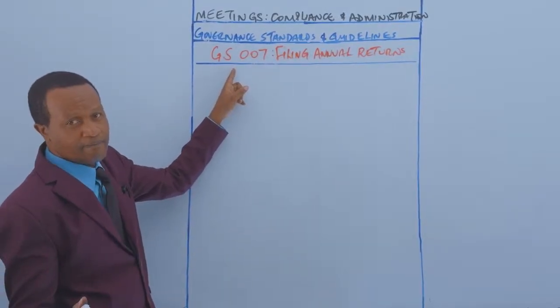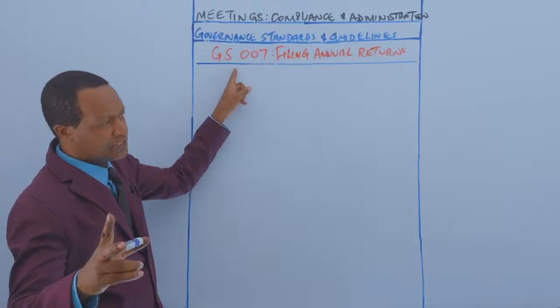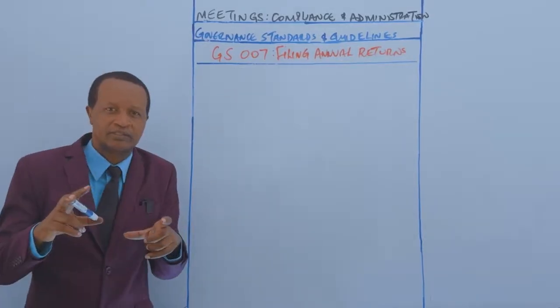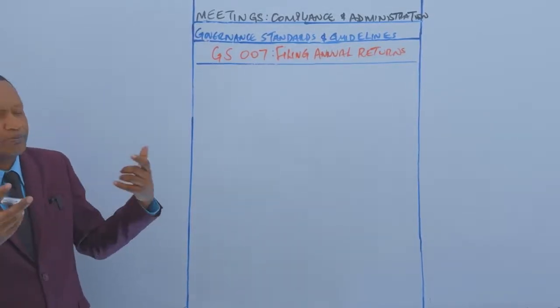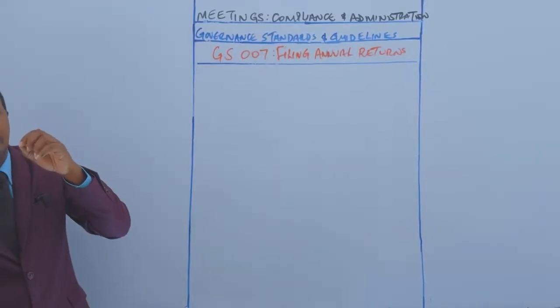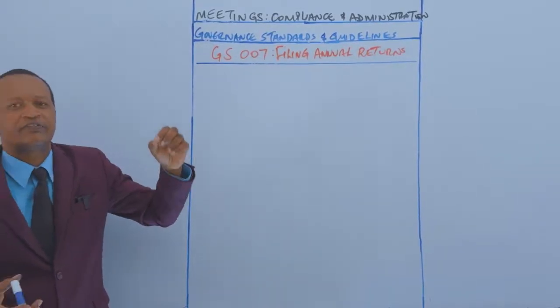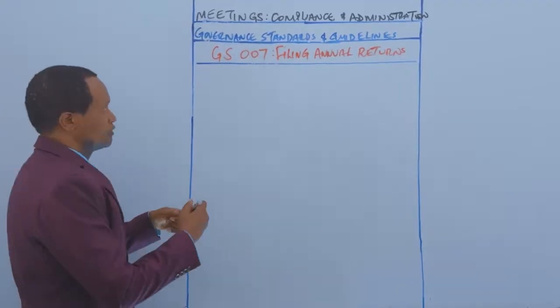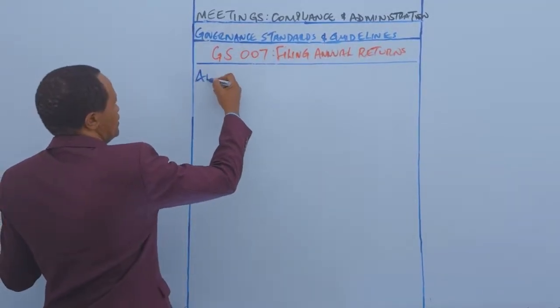Now, an annual return, candidates, is a statutory document that summarizes the company's legal structure as of a specific date. Let me define it.